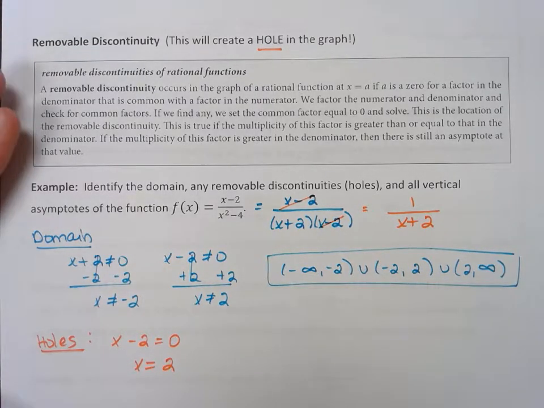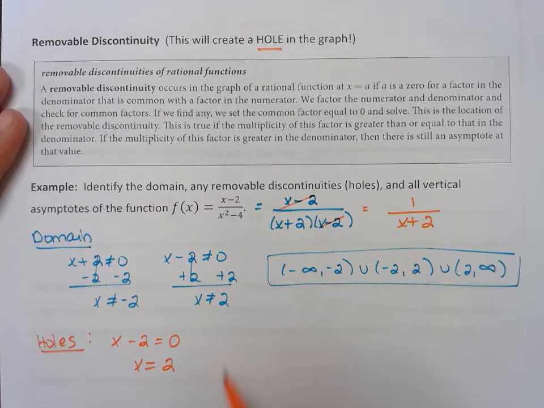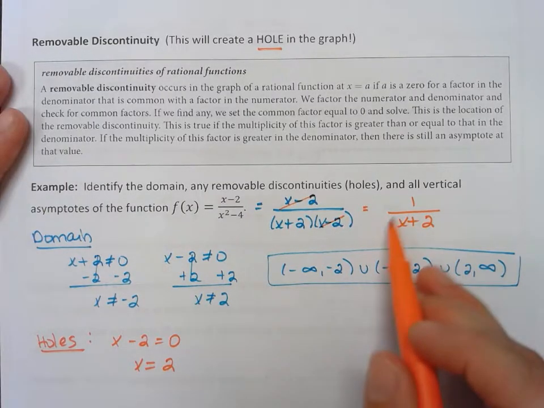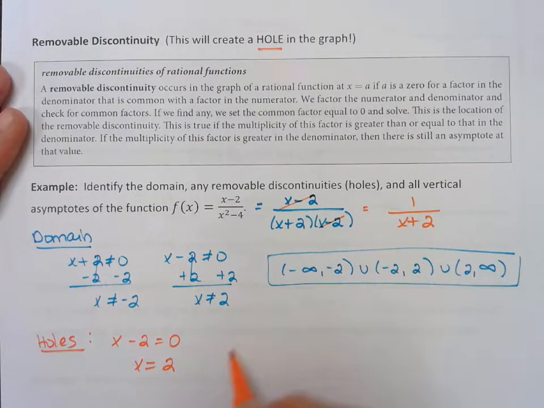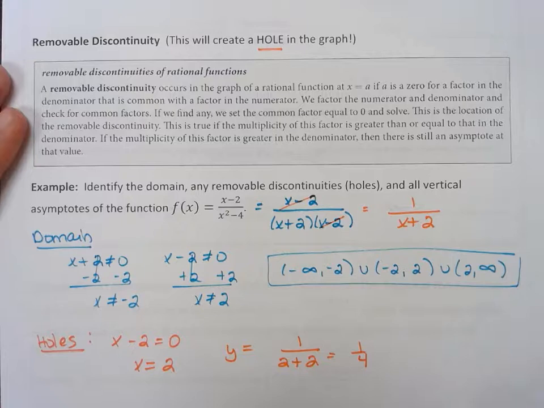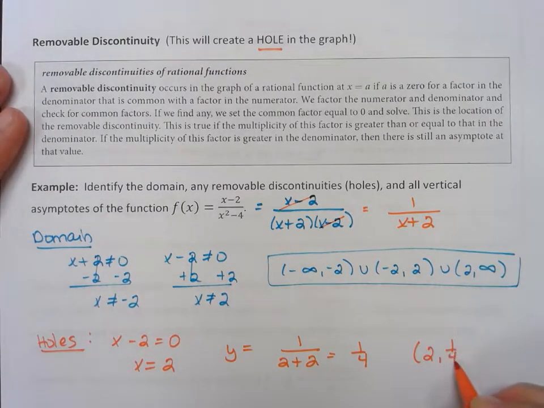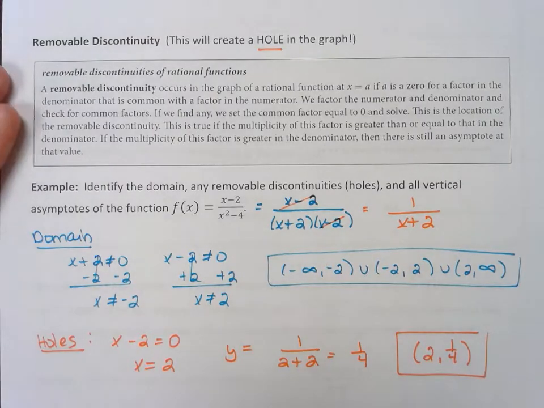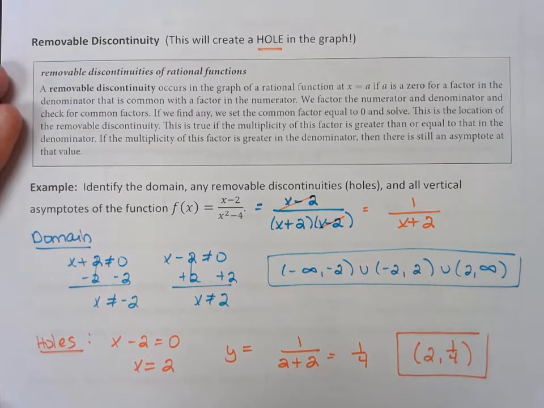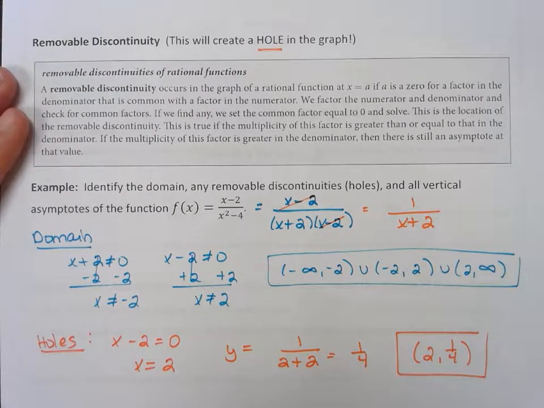Well, what if you want to find out what that point actually is? Plug this in the reduced form of your function. So we're going to have a hole in the graph at the point 2, 1/4. We have a removable discontinuity there. So now we have to talk about the vertical asymptotes.